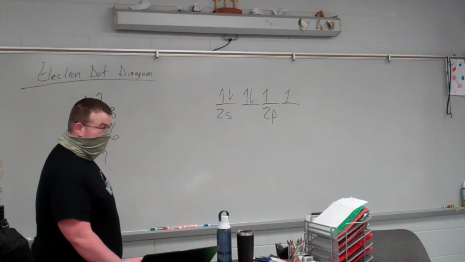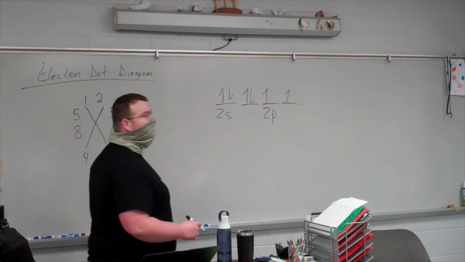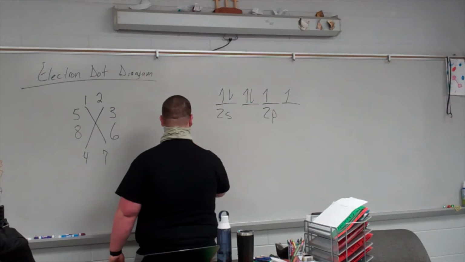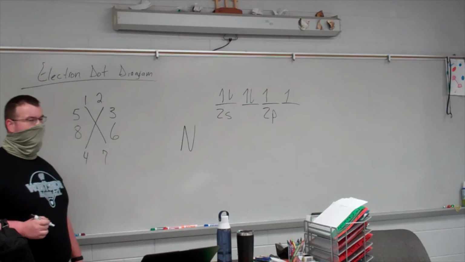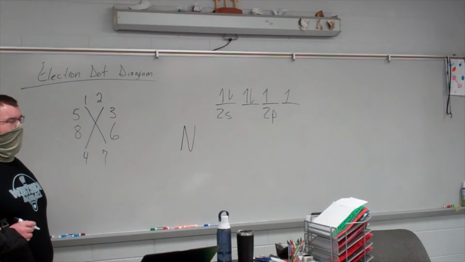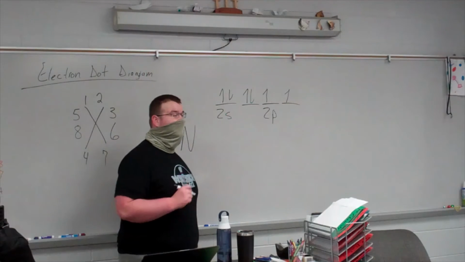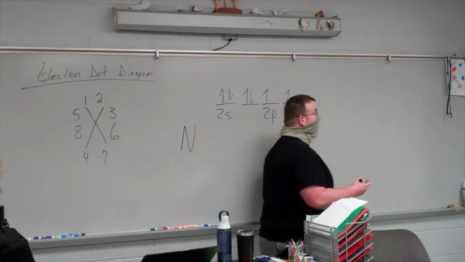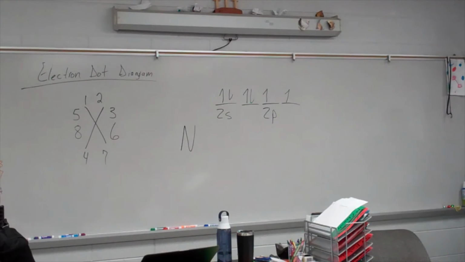Let me show you. So let's take an element, nitrogen for example. You write down the chemical symbol. The chemical symbol for nitrogen is N. Then you put dots, however many valence electrons nitrogen has. How many valence electrons does nitrogen have? 5.